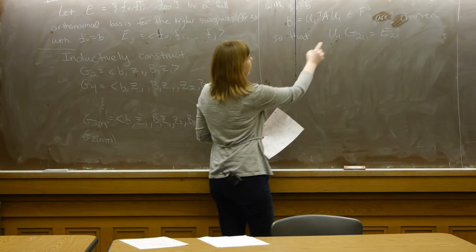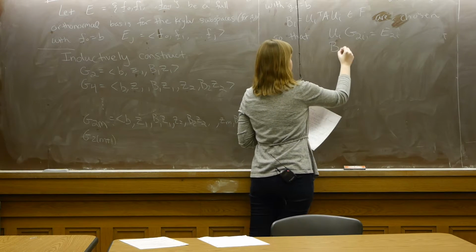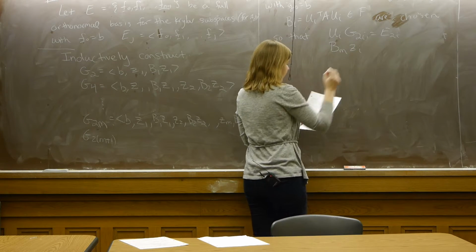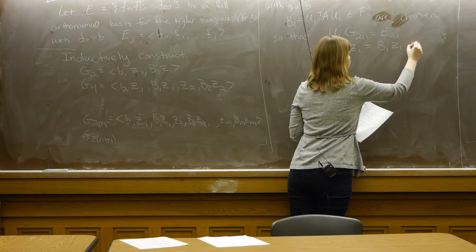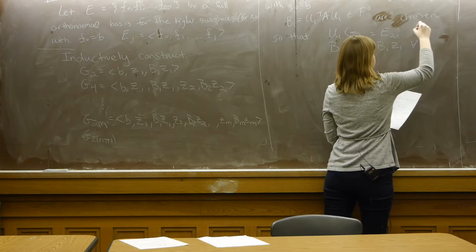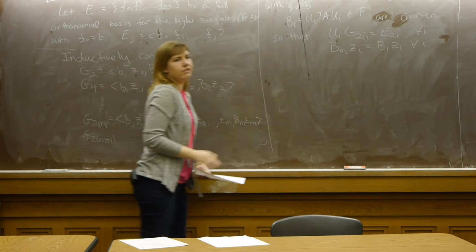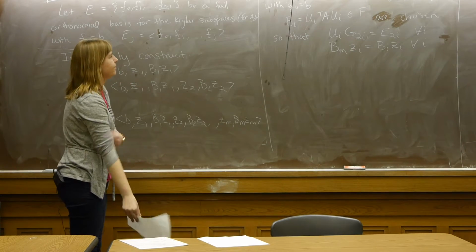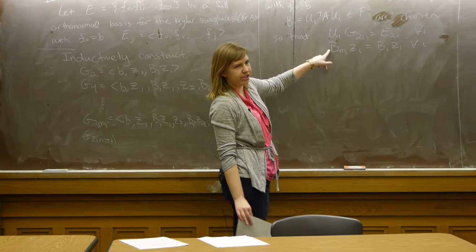We need to assume one more thing. We need BM ZI is equal to BI ZI for all I of the correct values. So this isn't too hard to believe.